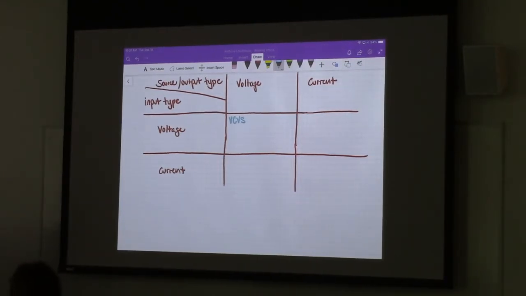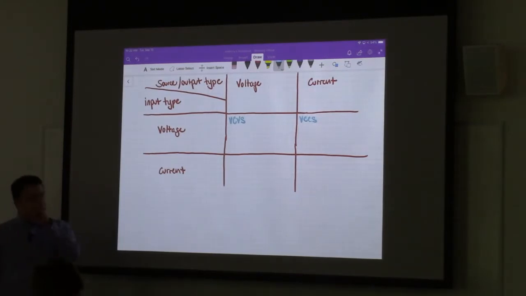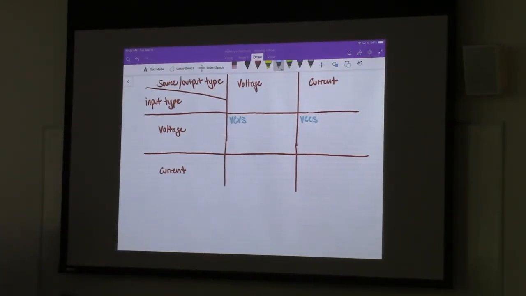This is what we call a voltage-controlled current source. So the last two letters describe what type of source it is. The first two letters tell you what's controlling it. Down here we'll have the other combo. We have a current-controlled voltage source, and then lastly we have a current-controlled current source.